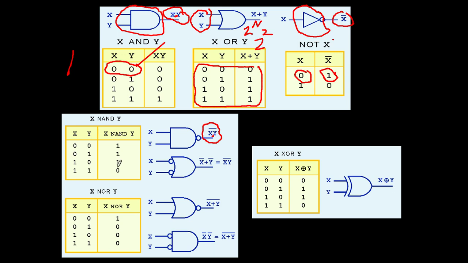Be careful with this, guys. We can implement it in another way, having the inverters at the inputs and using an OR instead of using an AND. And this comes from De Morgan's law. What does De Morgan's law state? If I have a complement, I distribute the complement onto X and Y, and we change the sign.